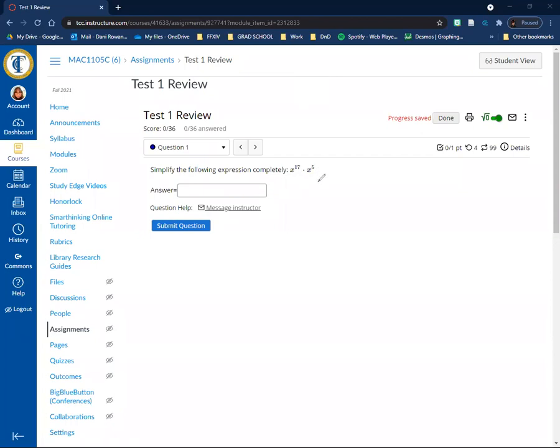Yeah. If you have the same base and you're multiplying, you add the exponents. So this becomes x to the 17 plus 5 or x to the 22. And that's just the rule for that. So be on the lookout. It's going to be really important to know your exponent rules for this test.